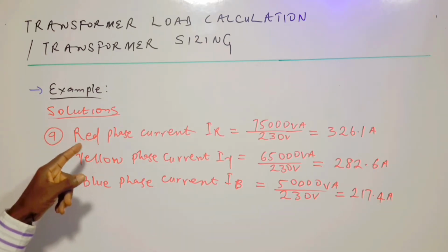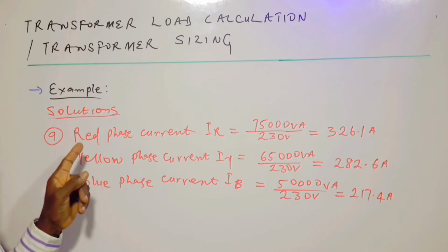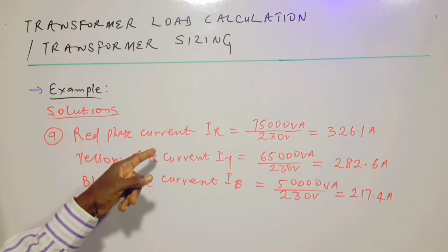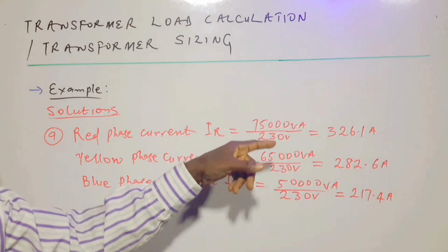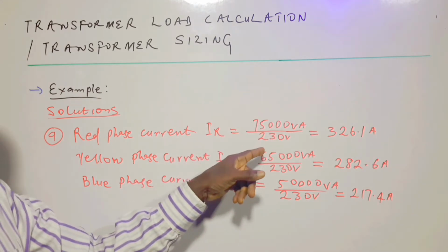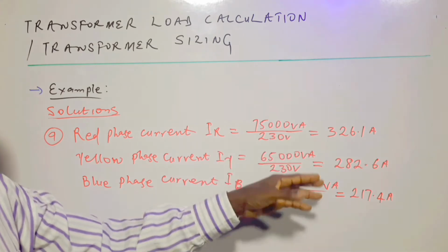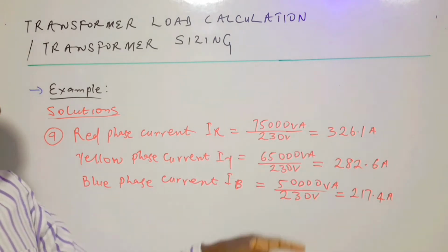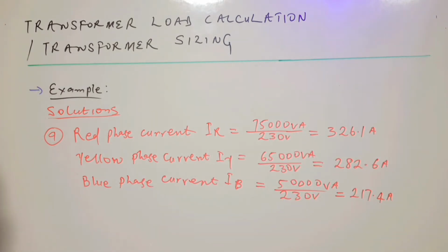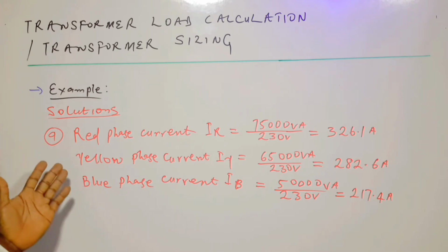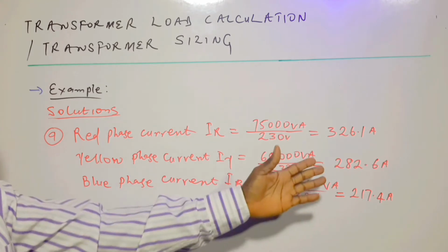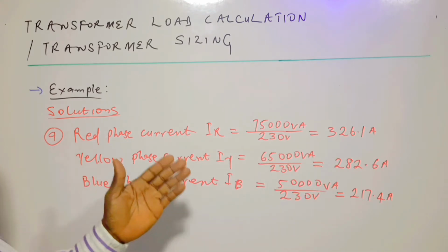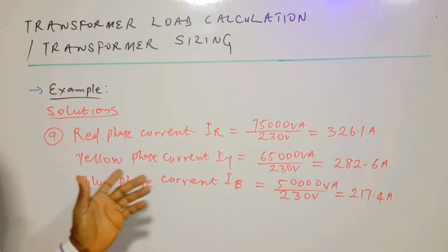This is the solution to the A part. Red phase current, denoted by IR, is equal to 75,000 VA divided by 230 volts, and that's the answer there, 326.1 ampere. Similarly, these are the answers for the remaining parts of the question.